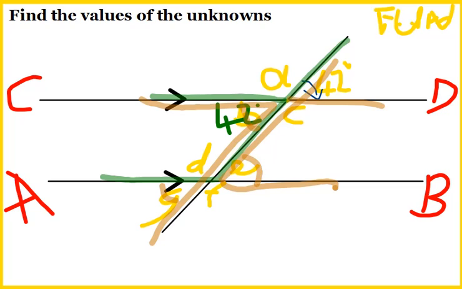So I can see that this angle here is equal to that angle there. And yes, those are all the Fs I can see. And then we get another F right there. So we can get an F going that way.